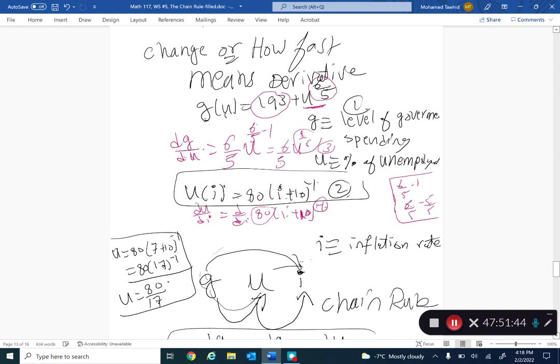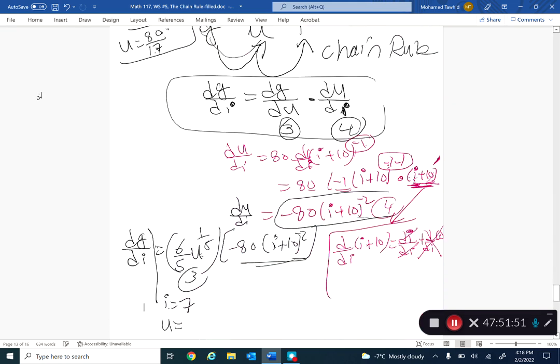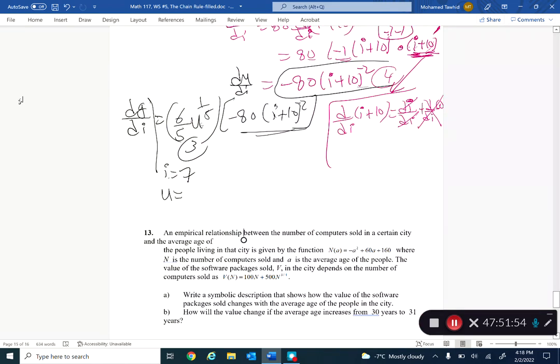So when I equals 7, your u here is 80 over 17.